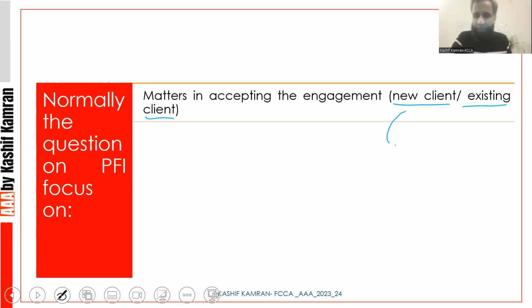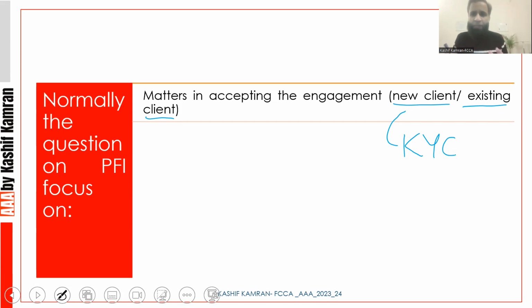That one thing would be know your client, understanding your client, because the client is new to you. So know your client procedures or conducting the client integrity check, ensuring that the client is good. So that sort of an additional matter would come in.